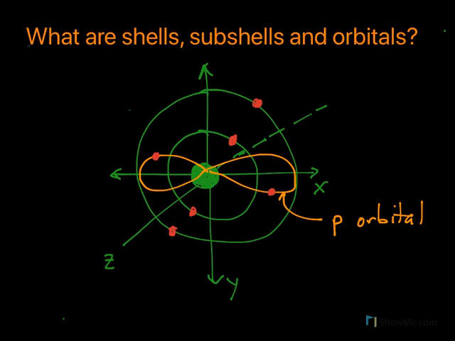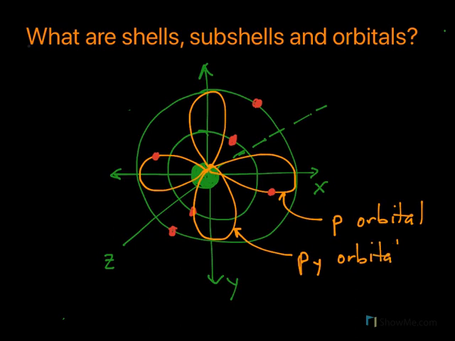So we'll just put it on the y-axis. So nature will go like this and make another p orbital. Call this the py orbital because it's on the y-axis, and nitrogen is going to put an electron on that orbital. Oxygen will put another electron in the py orbital.